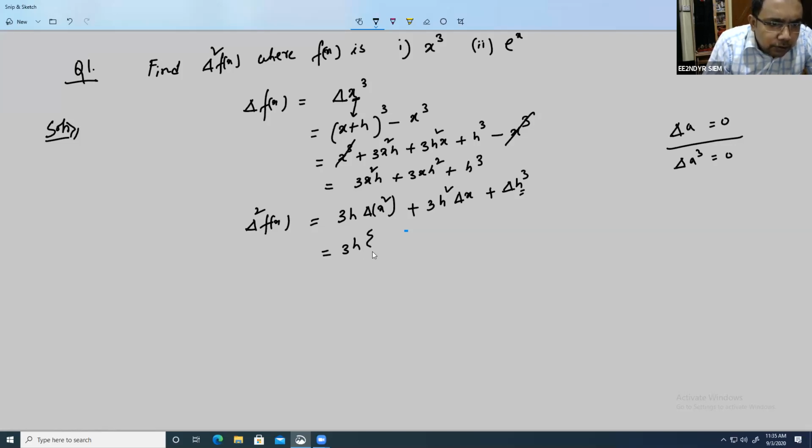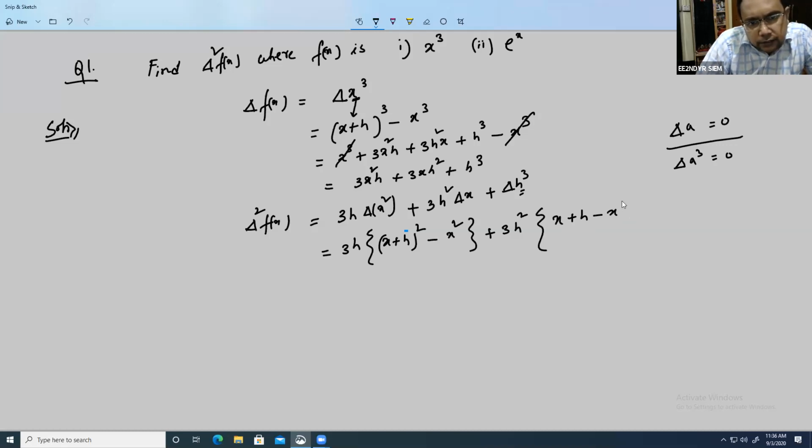What is my del square? So this is x plus h whole square minus x square. What is my del x? 3h square, x is f of x plus h. So this will be x plus h minus x. And this is del h cube. Definitely this is equal to 0.